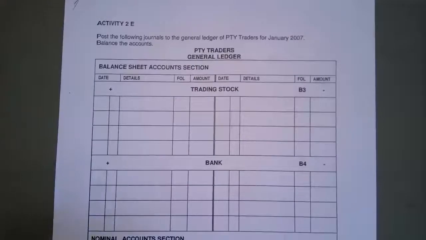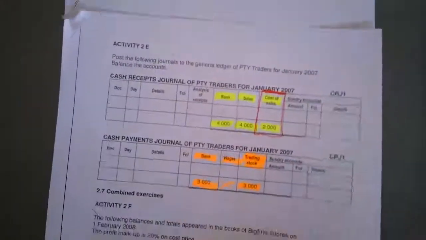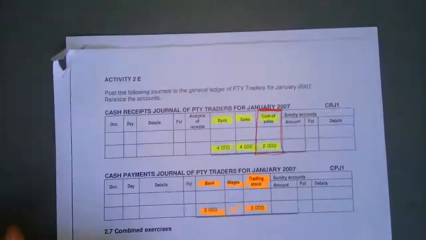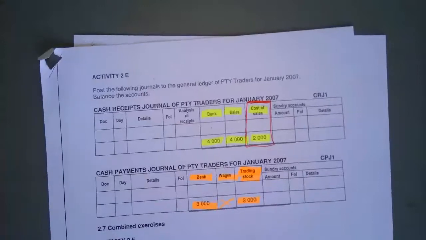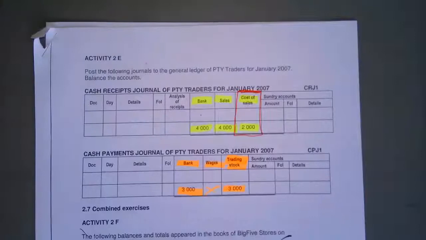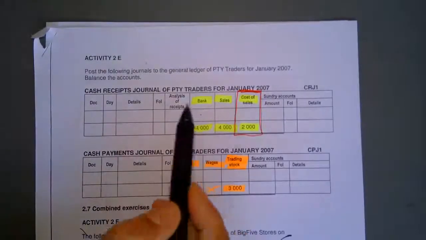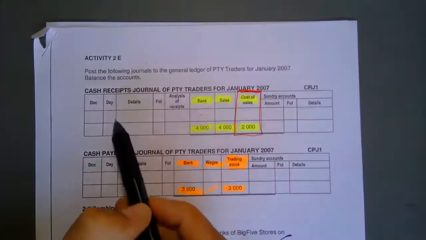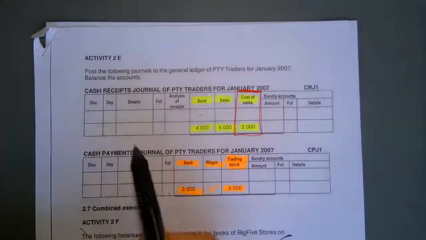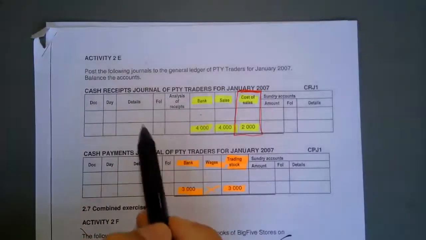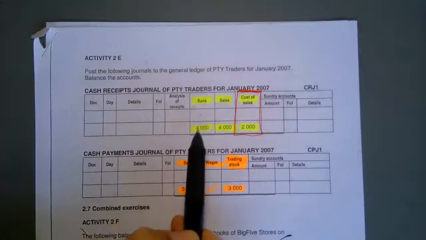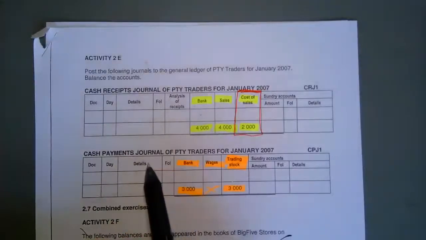Okay, so I also want to say that, when you do your general ledger, I'm going to explain the process to you again. Every single day, from the 1st to the last day of the month, you complete the transactions in the cash receipt journal and in the cash payment journal. Then on the last day of the month, you book the totals into the general ledger.